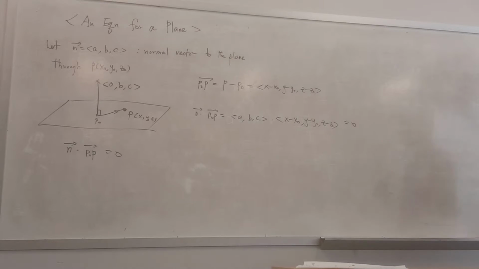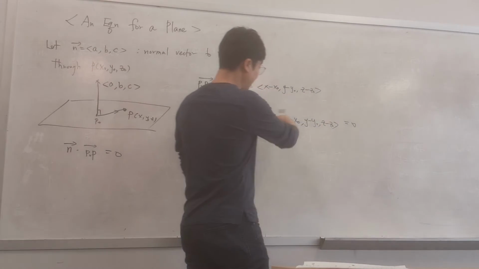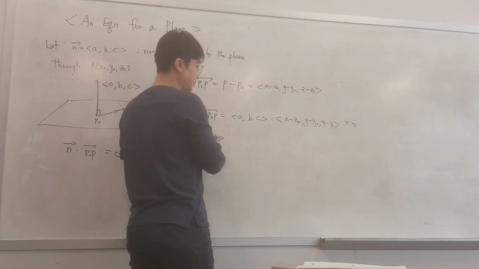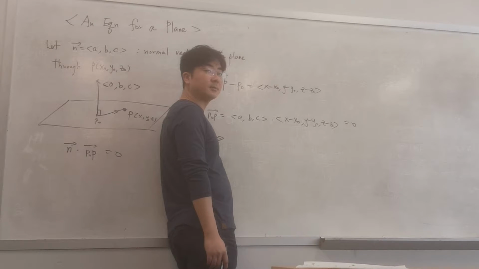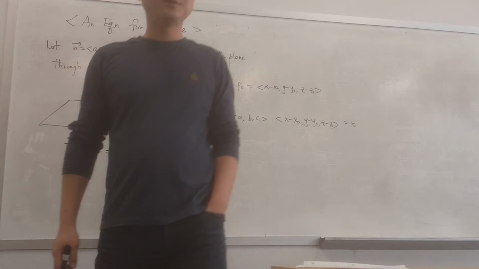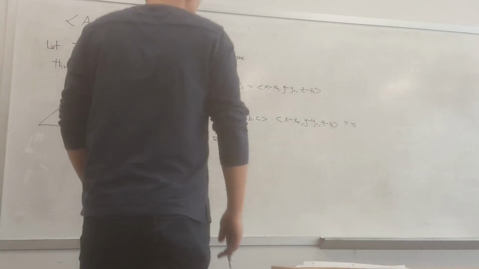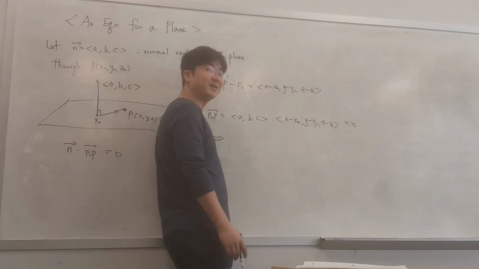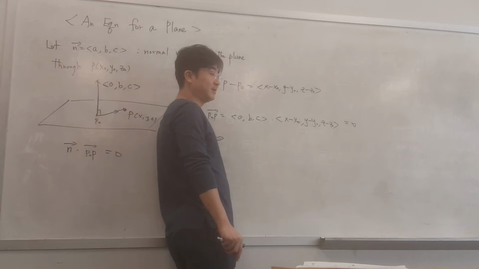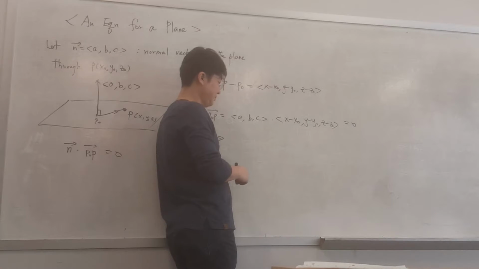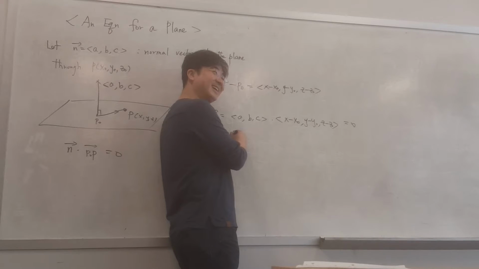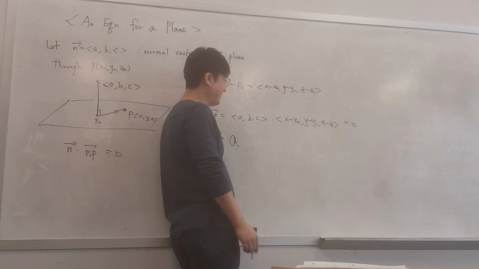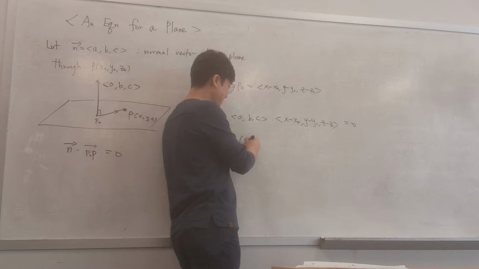Okay? So you guys know how to find the dot product? Tell me how to calculate this dot product. You didn't do the homework? I assigned the dot product, right? Tell me. Dot product, two vectors. Okay, A times x minus x dot.